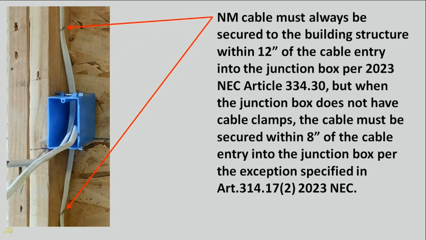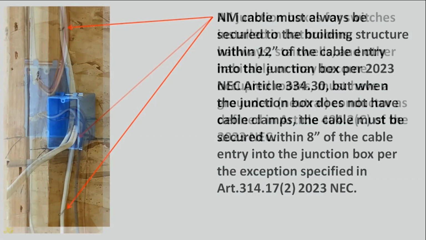NM cable must always be secured to the building structure within 12 inches of the cable entry into the junction box per 2023 NEC Article 334.30, but when the junction box does not have cable clamps, the cable must be secured within 8 inches of the cable entry into the junction box per the exception specified in Article 314.17(C) 2023 NEC.